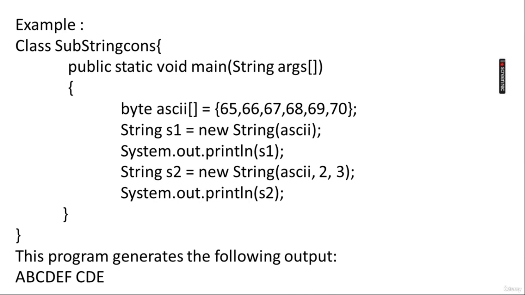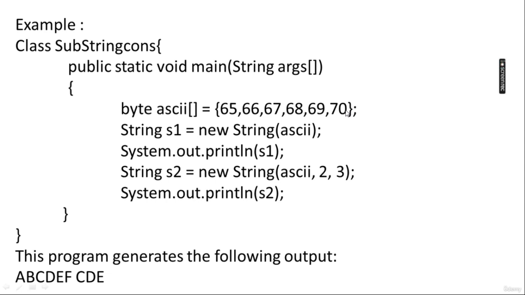Okay. So ASCII character set 65, 66, 67, 68, 69, 70. So what are the ASCII characters? This is the chart that will tell you which number relates to which character.